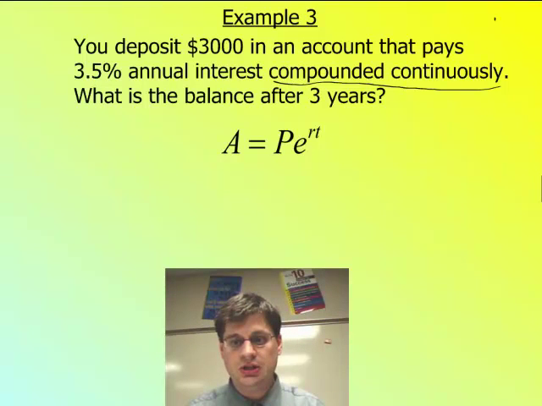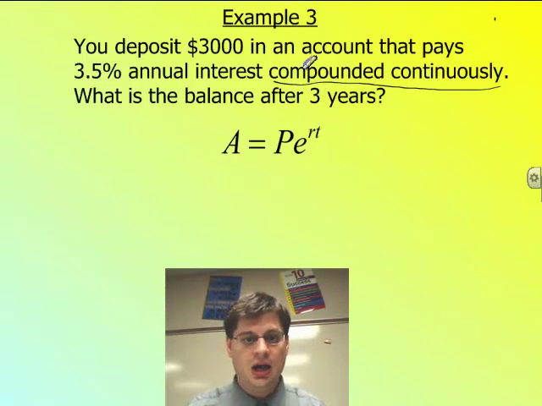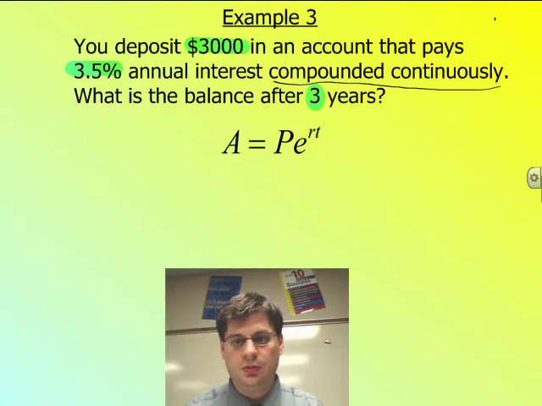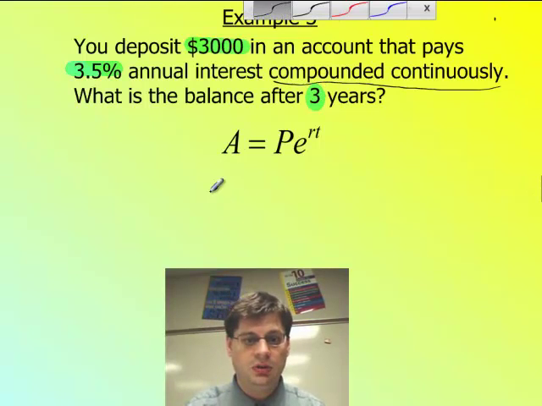So the important information I can pull off of this is that I know my P value is going to be 3,000. My rate is 3.5%, and we're going to do it for 3 years. So now we just substitute in, and we go from there.